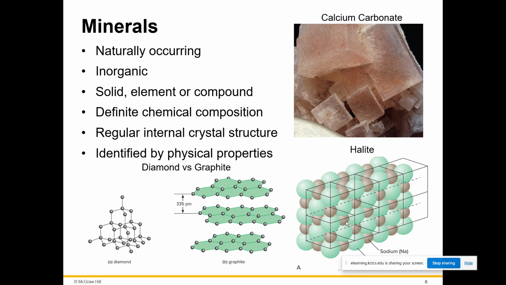It forms little cubes, and if you actually put your table salt under a microscope, it's going to be little cubes. And so if you break it apart, you just break it into smaller and smaller cubes, and that is because it has this cubic crystal structure.